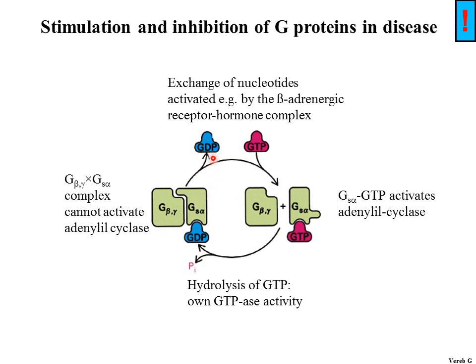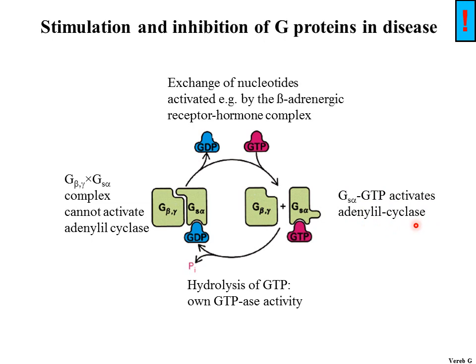GDP would be released. So then the molecule similar to it, which is in excess in the cytosol, which is GTP, will be statistically a lot more likely to bind to it, and binding GTP changes the conformation of this alpha subunit, which then allows it to regulate various effectors.